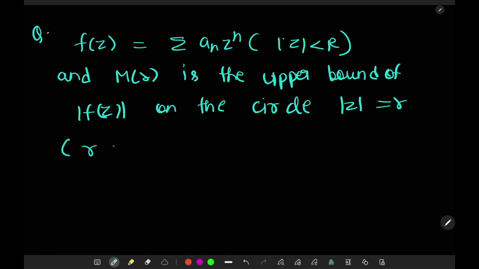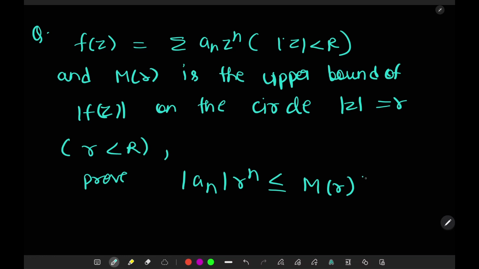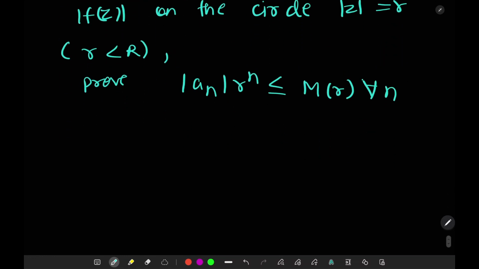Here small r is less than capital R. We need to prove mod of a_n into r raised to power n is less than or equal to M_r. So this is a question of Cauchy inequality.